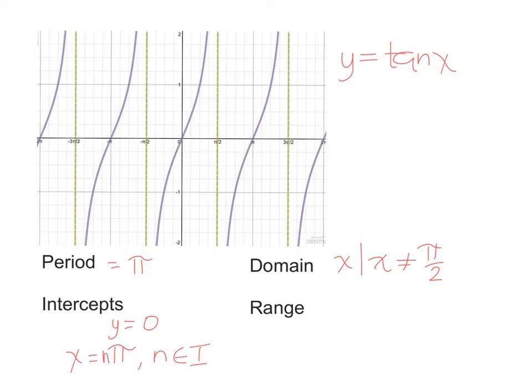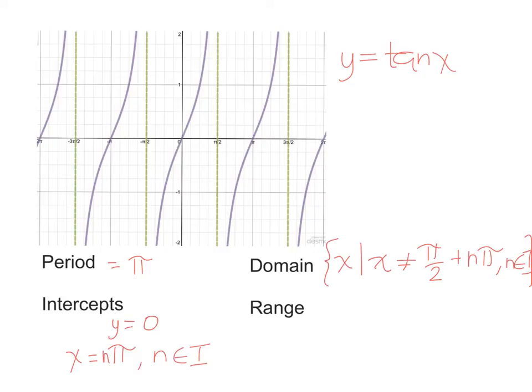You can say the domain is x such that x does not equal pi over 2 plus n pi, where n is an integer. Here you might want to say then x is an element of the set of real numbers as well, but I don't have room, so I'm not going to. We're defining the domain here as what x cannot equal instead of what x does equal, which is kind of strange, but that's the way we have to do it.